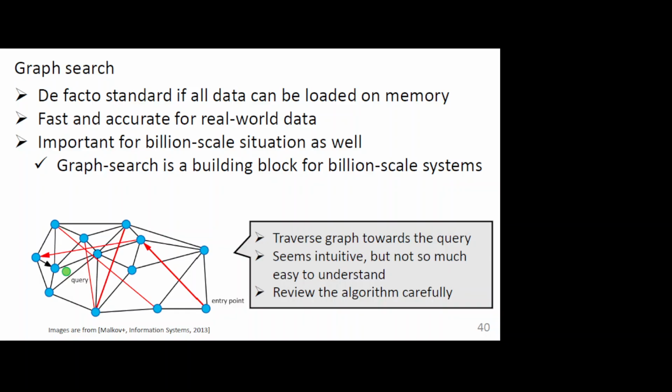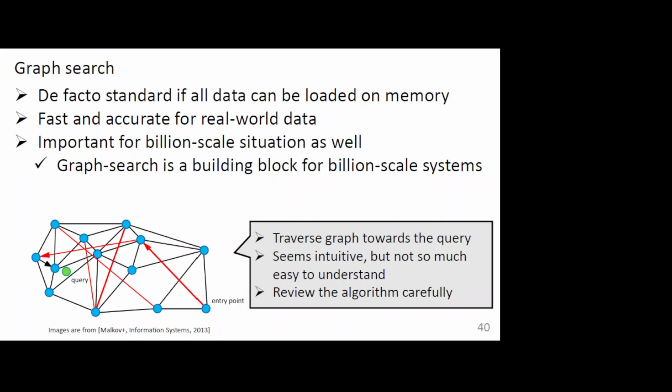You can regard it like a maze. This is your entry point here, and the query is your treasure. The goal is to quickly find the treasure and accurately locate the nearest point to the query.